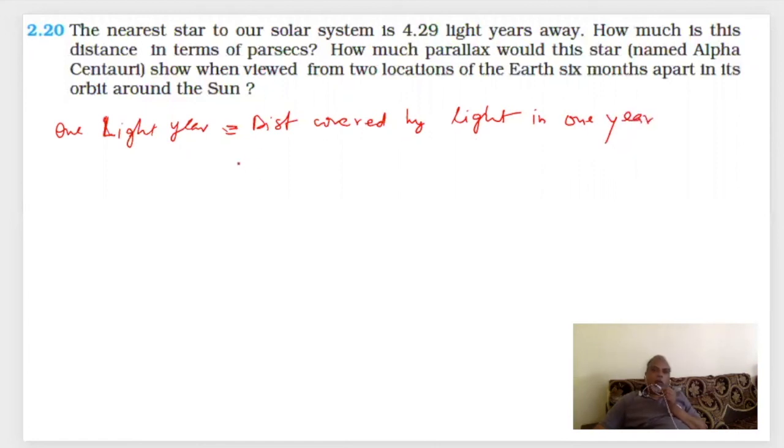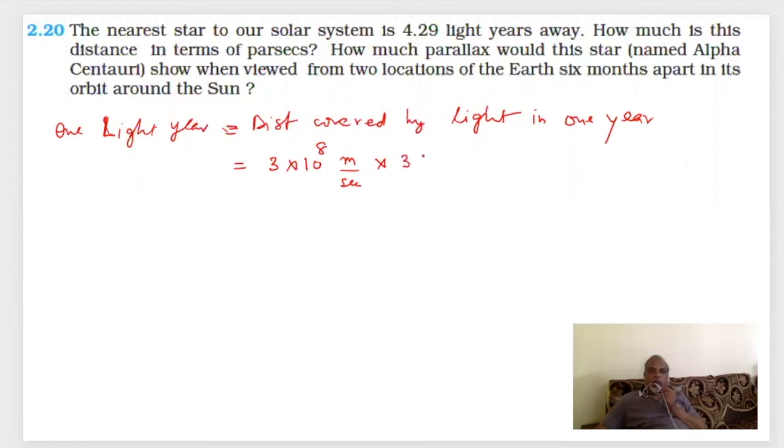And what will this be? What is the speed of light? That is 3 into 10 raised to 8 meter per second, into how many seconds will be there in 1 year?